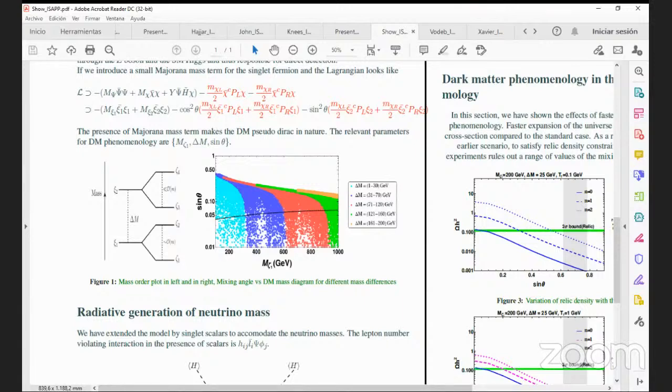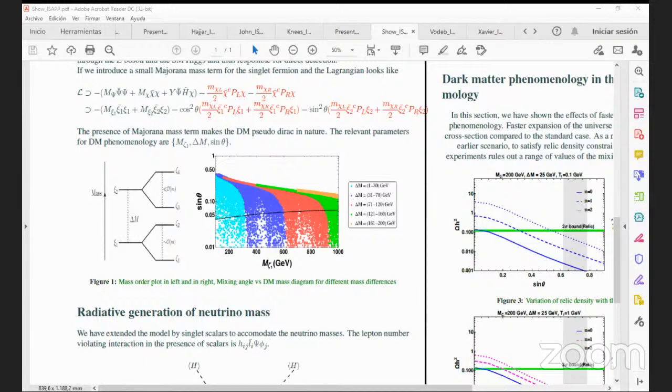But in the pseudo-Dirac case, the parameter space is large compared to the pure case. In the pure case, the bound on the mixing angle is very strict, but in the pseudo-Dirac case, the constraint on the mixing angle is relaxed because of the Majorana nature of the pseudo-Dirac dark matter.